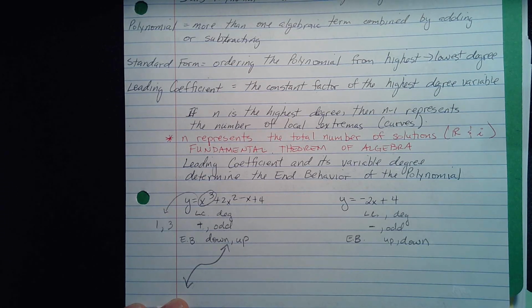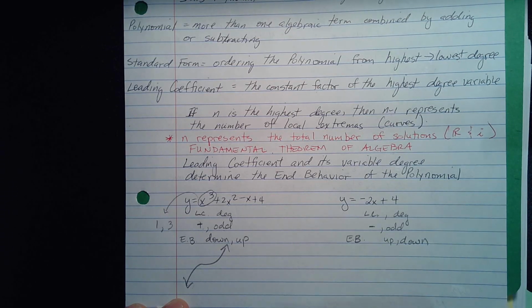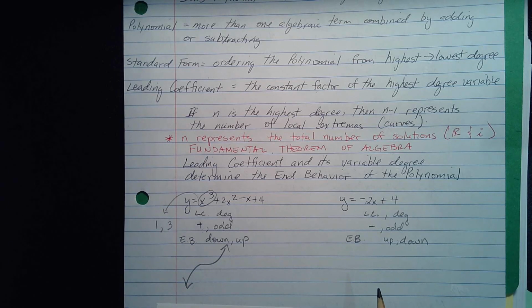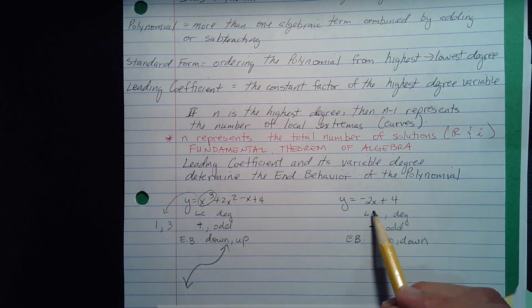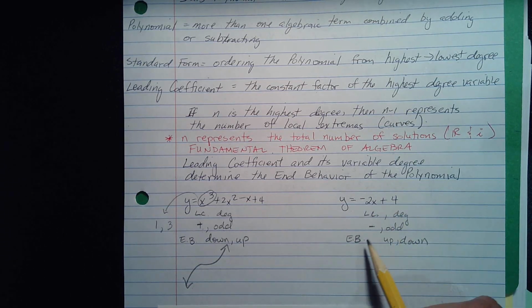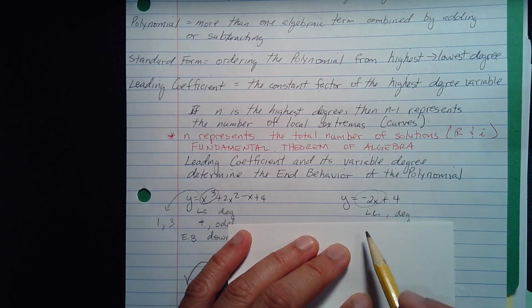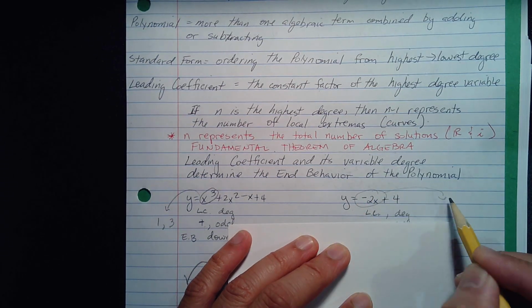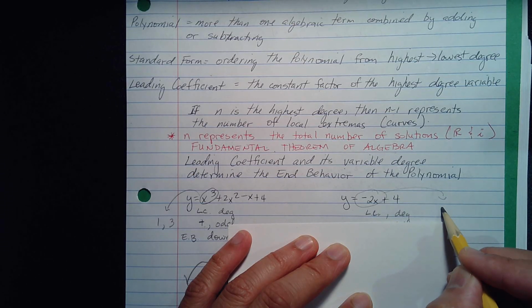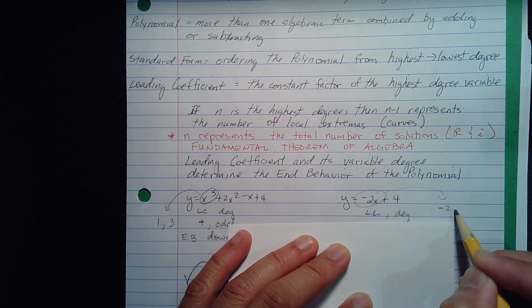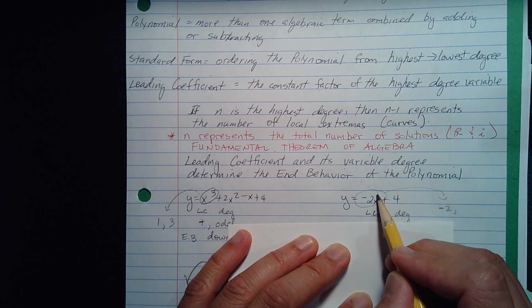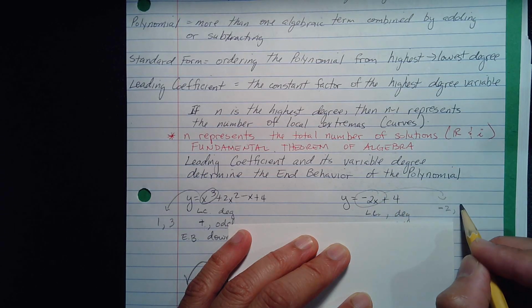But you need to know how to write this in limit notation, and we went over it in the earlier section. Okay, y equals negative 2x plus 4. We'll analyze this. The leading coefficient is negative 2 and the degree is 1.